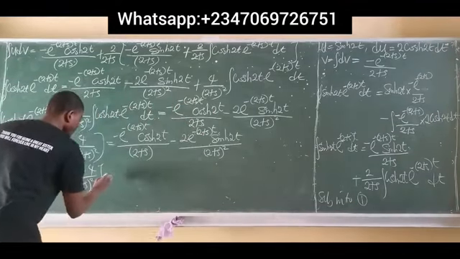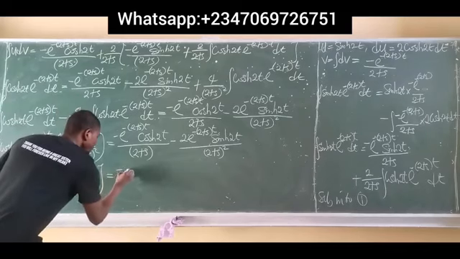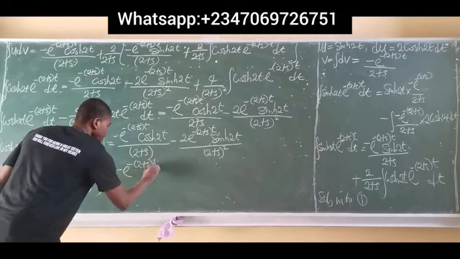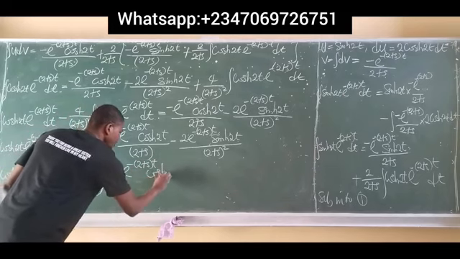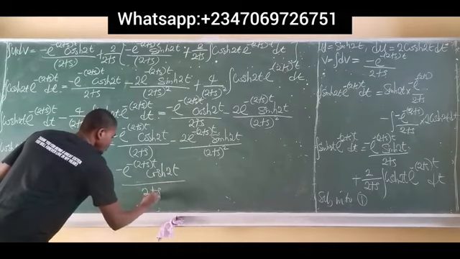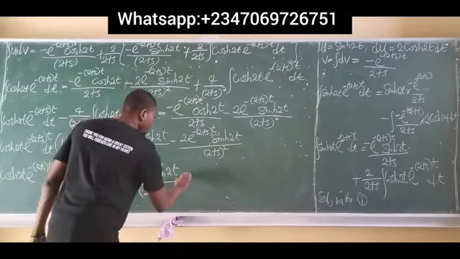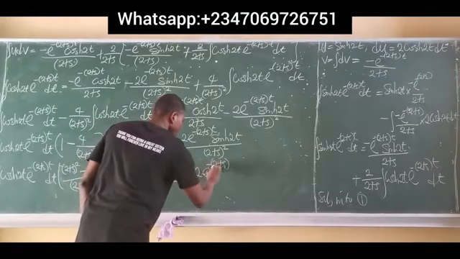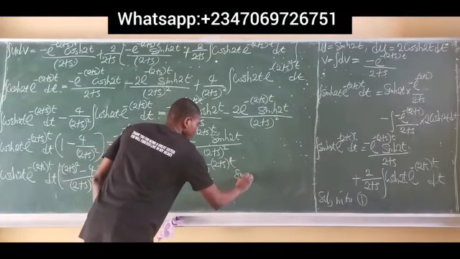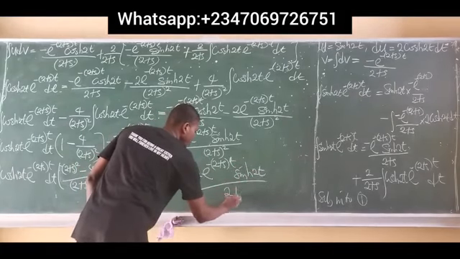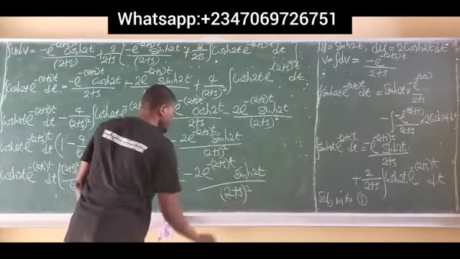All right, so the whole of this is equal to minus e^(-(2+s)t) cos 2t all over (2+s), minus 2 e^(-(2+s)t) sin 2t all over (2+s) all squared.